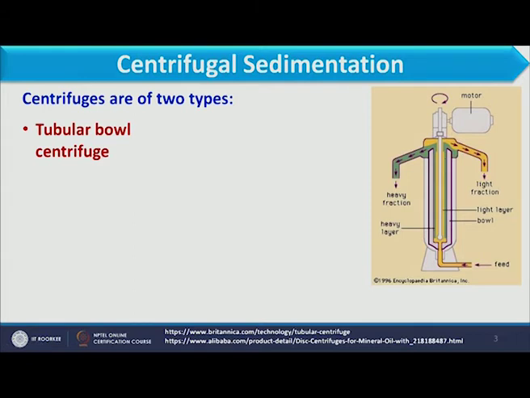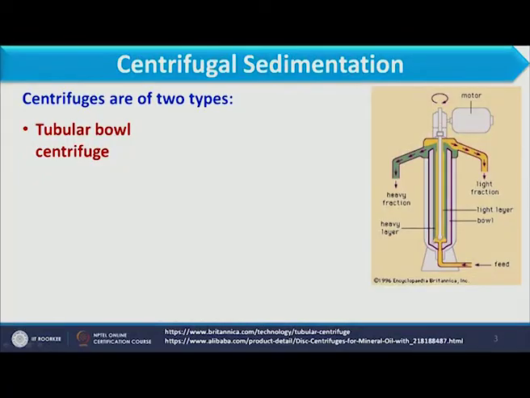These are used for separation of solid and liquid, and also of liquids of different densities, one having more density, which we call the heavy liquid, and the second being lighter. They are also used for slurry which contains particles as well as solvent or liquid.